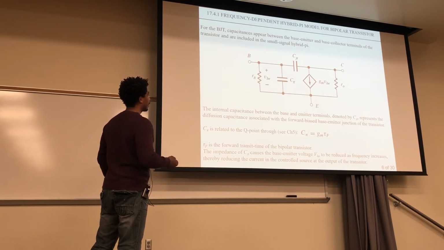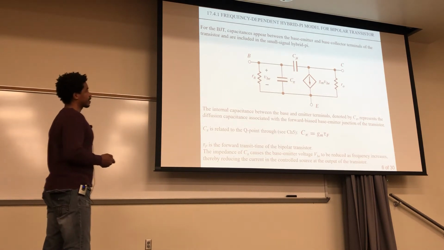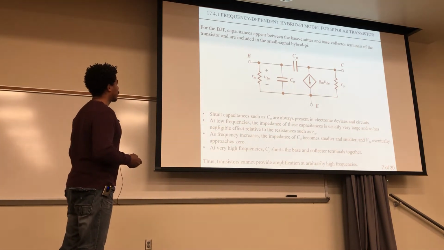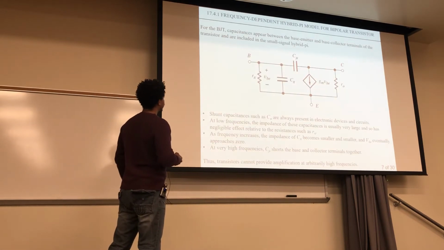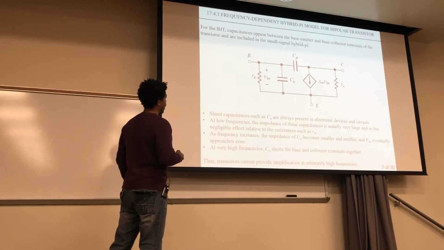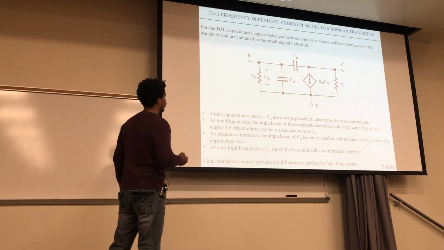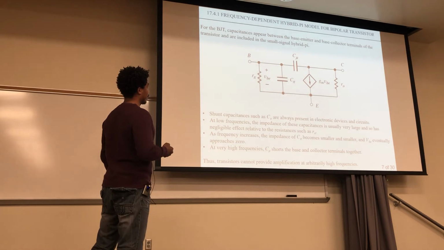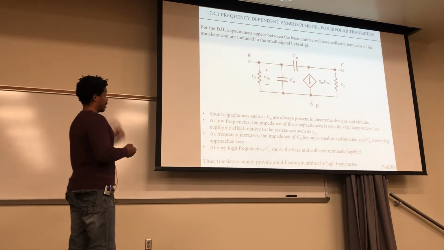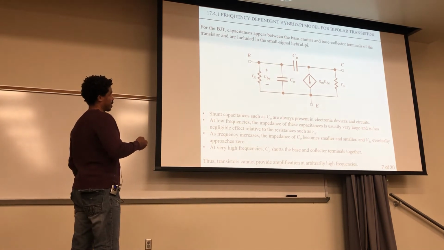The shunt capacitances such as C pi are always present in electronic devices and circuits, even though you don't explicitly put them there. At low frequencies, the impedance of these capacitors is usually very large, so it has negligible effect relative to resistances such as R pi.